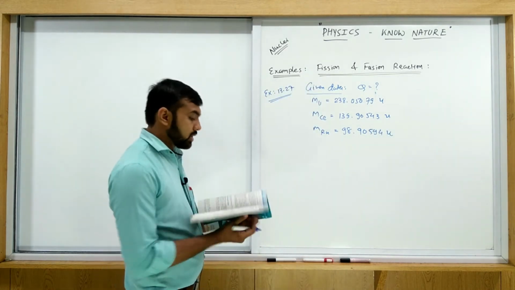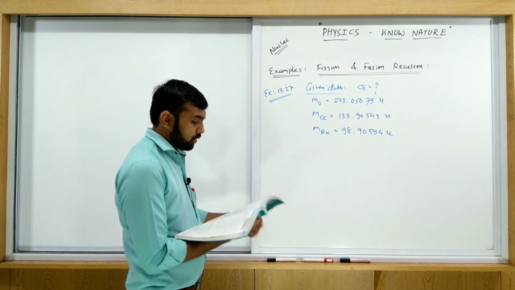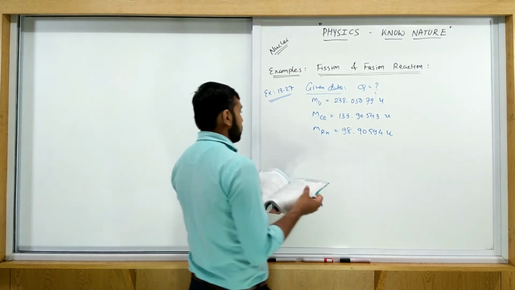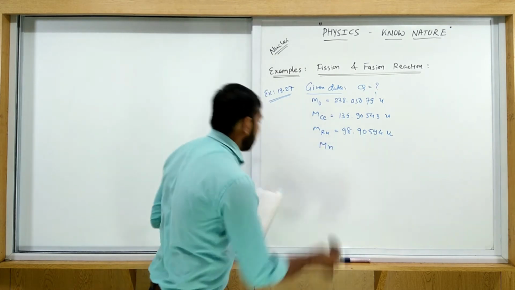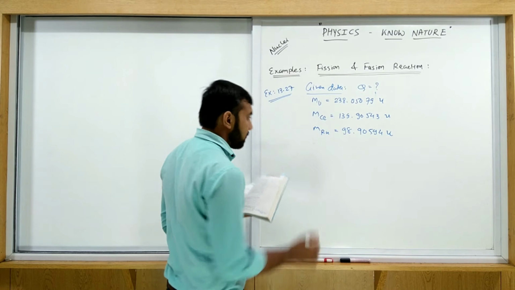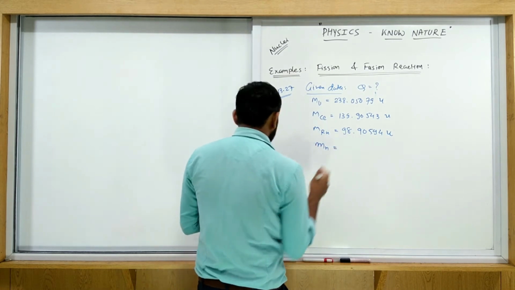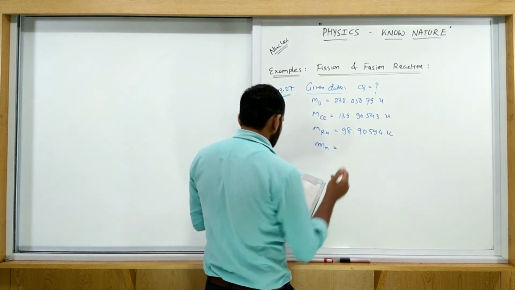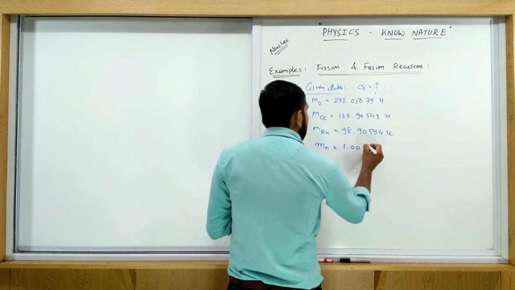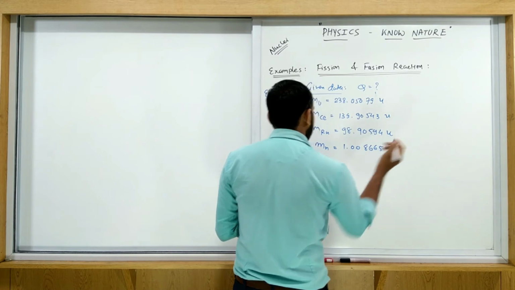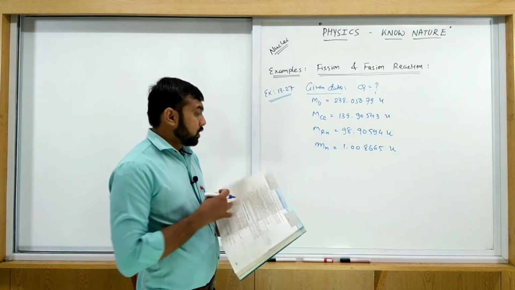And also let's write the mass of neutron, which is given here. So mass of neutron is equal to 1.008665 AMU.